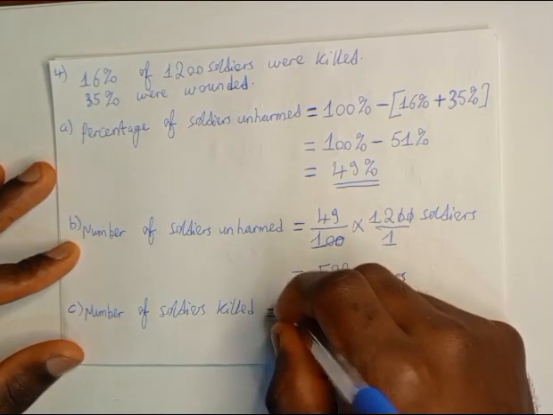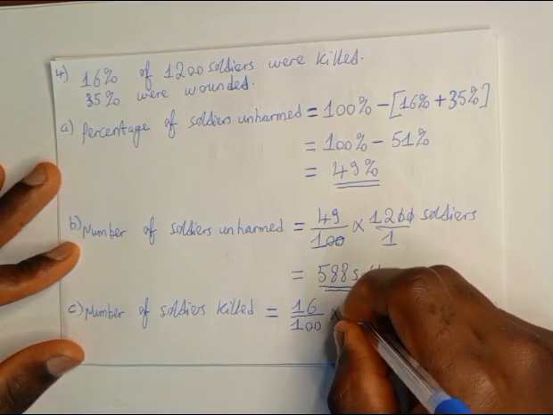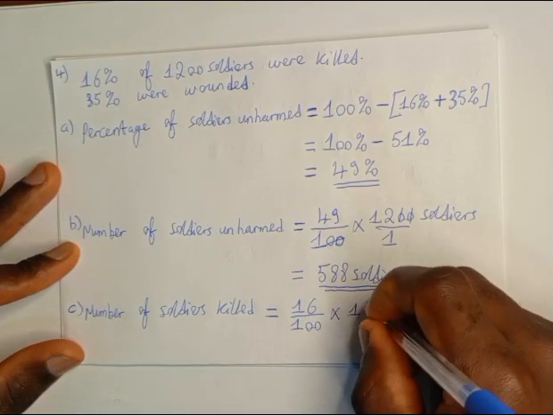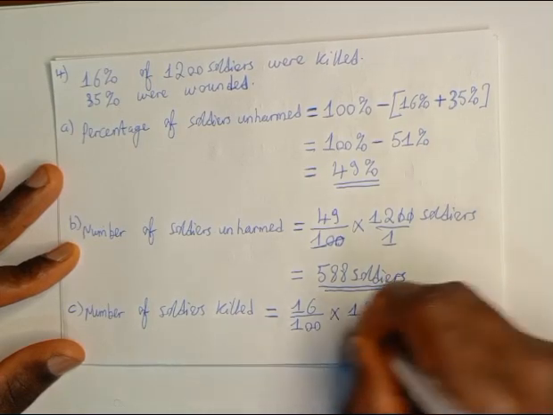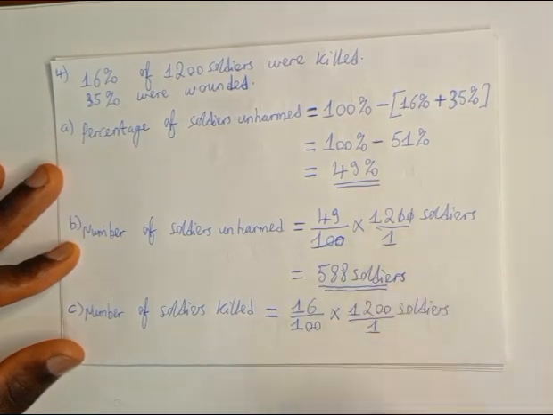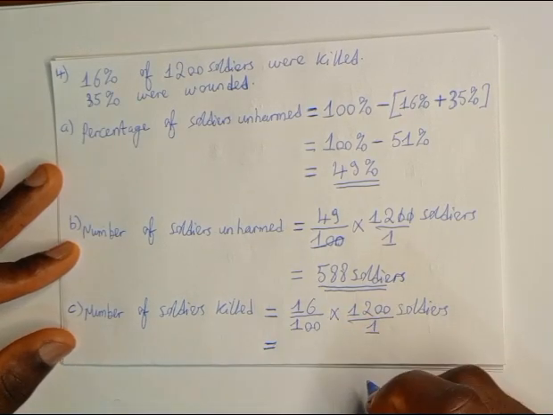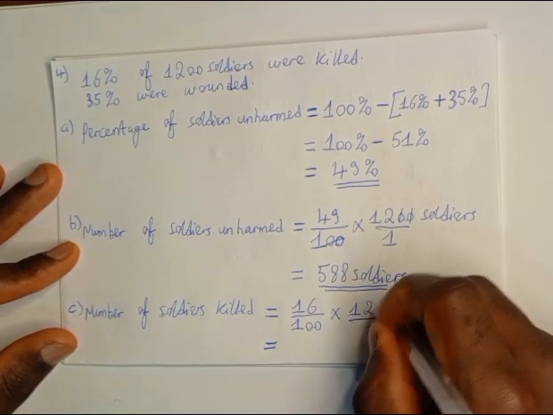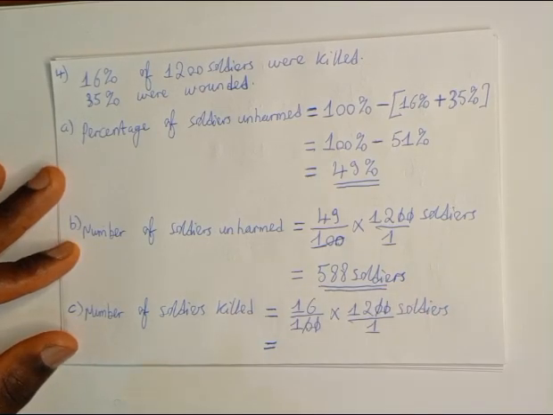This will give us 16 all over 100 times 1,200 soldiers all over 1. Next we have to simplify. 100 will go into 1,200 12 times. 100 divided by 100 will give us 1.